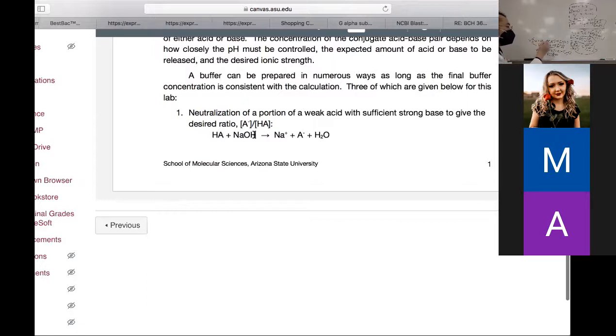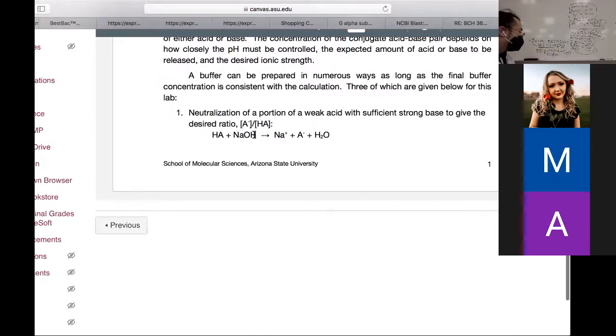By knowing these two equations, we can easily calculate the specific concentrations of weak base and weak acid.